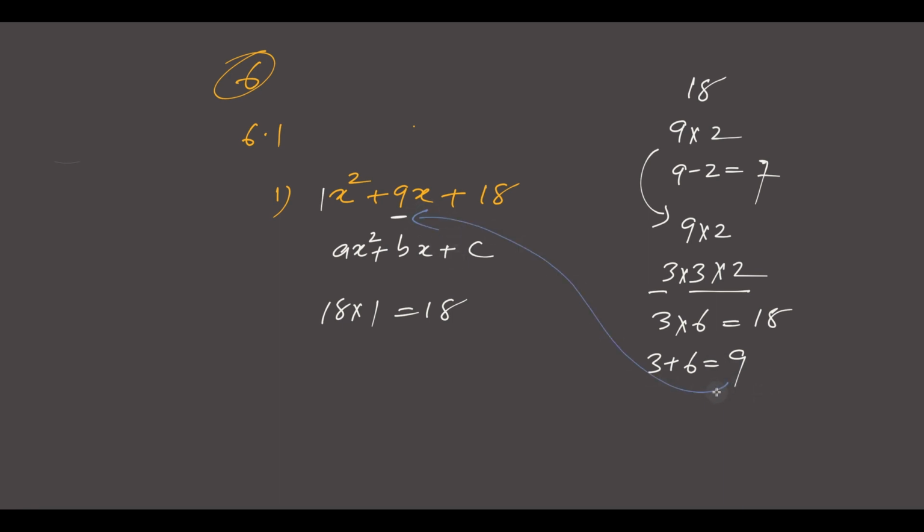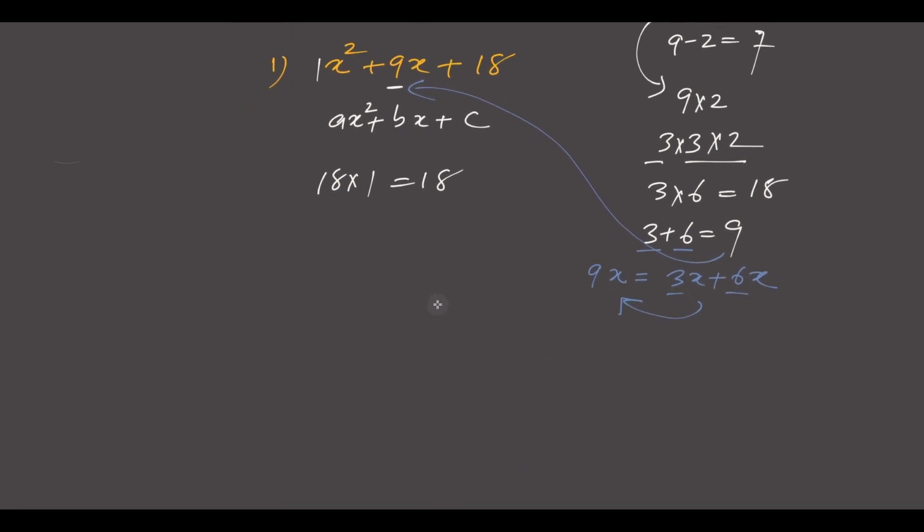Now with this example, we'll take 3 and 6. What was the middle term? 9x. How can we write 9x? 3x plus 6x. If you add 3 with 6, it gives the result as 9x. So we replace 9x with 3x plus 6x.